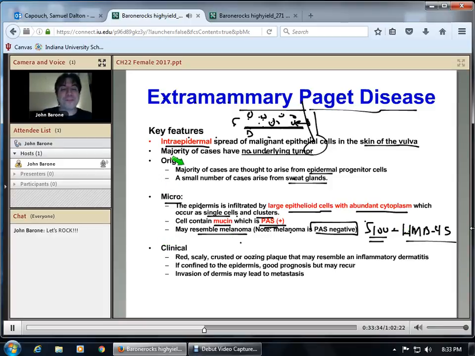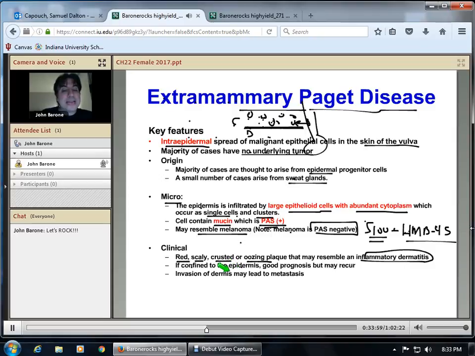Good marker. Now, as I mentioned, clinically, Paget's looks red, scaling, crusting, oozing. It looks like dermatitis. Looks exactly like it. But the key is, it doesn't get better with avoiding contact, with keeping your area clean, with using steroids. It doesn't get better, so it's not a dermatitis, so you biopsy.